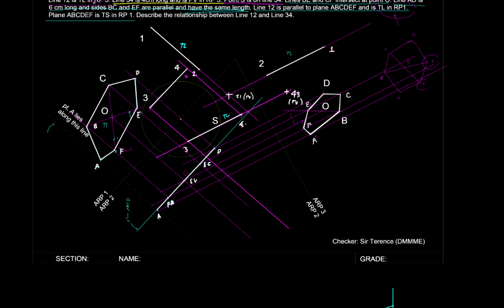Next is how did we find line 3 4? So ang ginawa natin is projected point 3 dito sa ARP2. Tapos we know that S is in between point 3 and point 4 because point S is on line 3 4 daw. Therefore, somewhere dito si point 3, and if we create a perpendicular line to the folding line of ARP3 and project it passing through point S and intersecting this projection line, we now get the location of point 3.